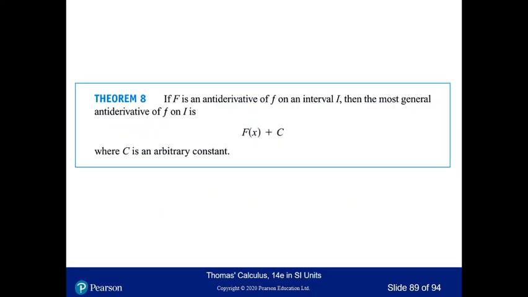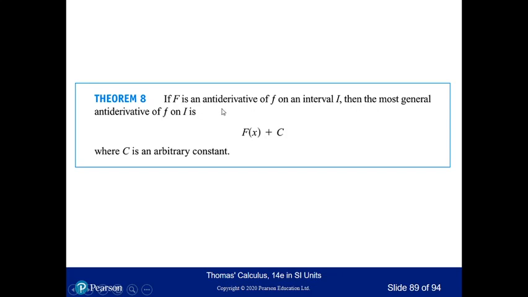And if you consider a function, if the antiderivative exists, it's not a unique one. You have tons of antiderivatives, and the most general one is F of x plus C, because if you take the derivative of a constant, you get a 0, right?